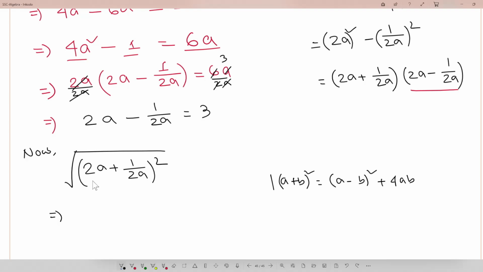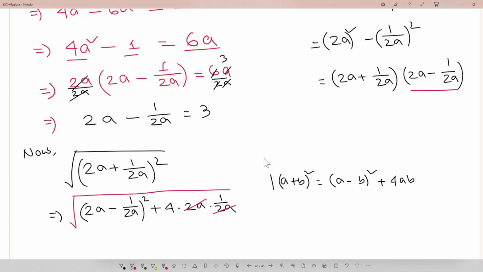Now we can write 2a minus 1 by 2a whole square plus here is 4ab, 4 times 2a times b, b means 1 by 2a. So this 2a divide 2a, and here is whole square root.